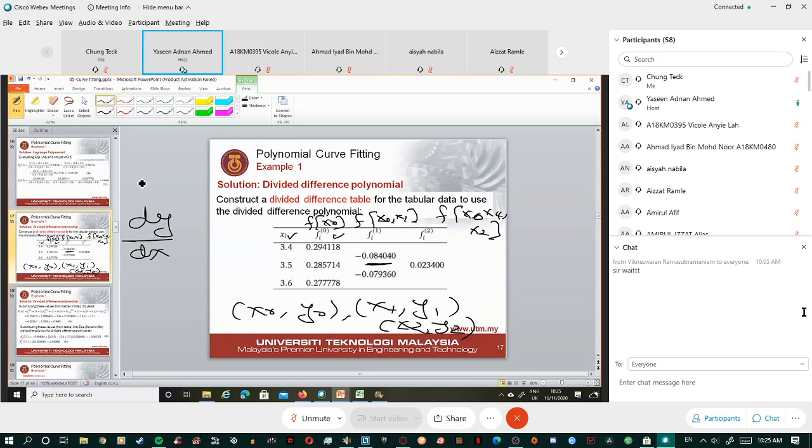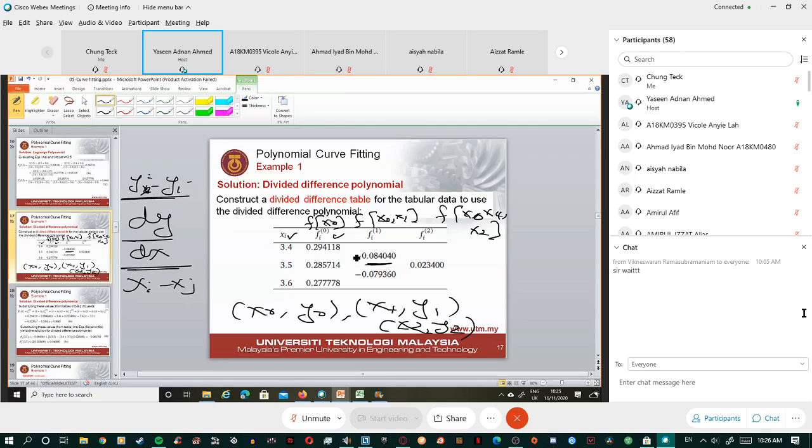It means we will have yi minus something, okay? I will not write which value. It means we need to consider the y difference divided by the x difference. Maybe xi minus xj, yi minus yj, whatever it is.